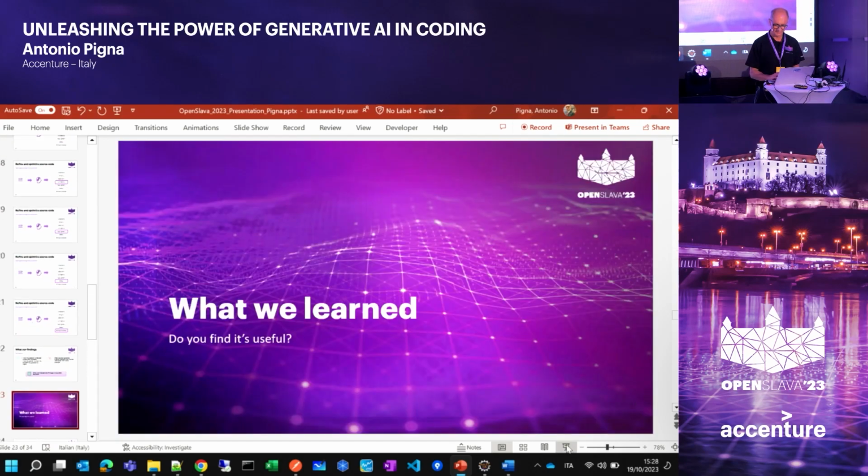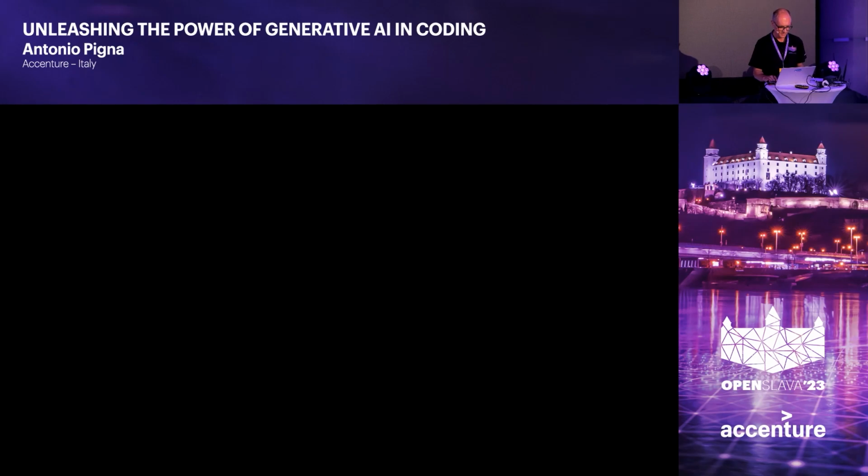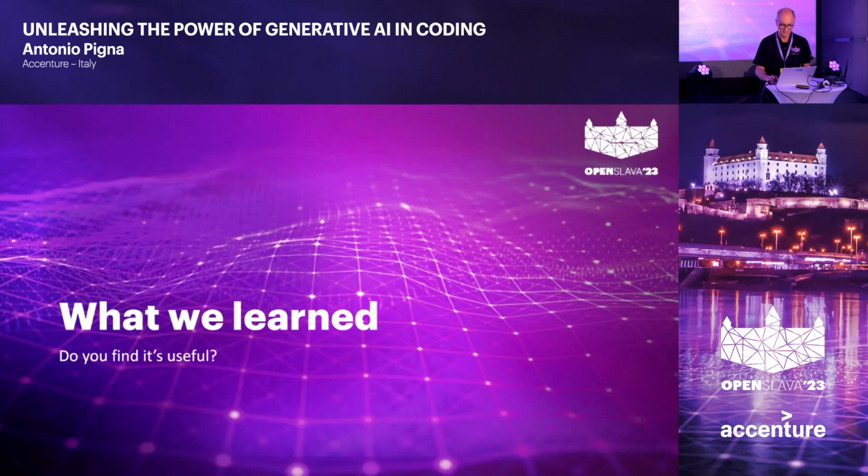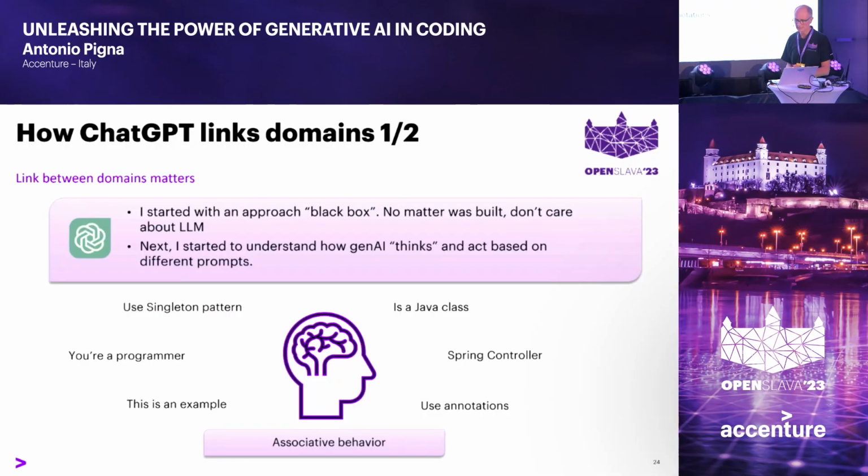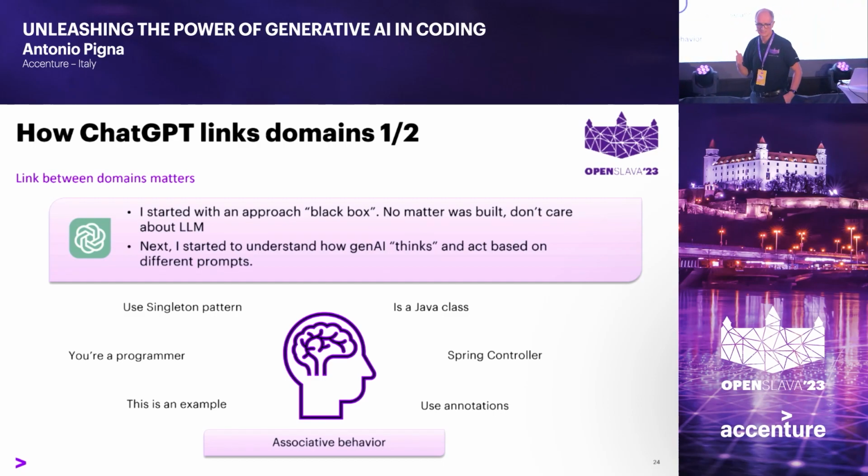Okay, let's jump to the conclusion. What we learned in just 50 minutes, more or less. First one, when I started to test ChatGPT, how it is used, how it works, I used it as a black box. You remember Garry Kasparov, the chess player, with the IBM Deep Blue. For you it is a black box.